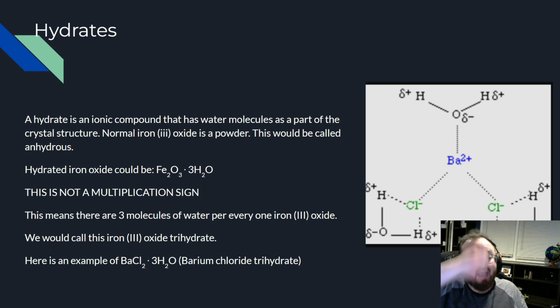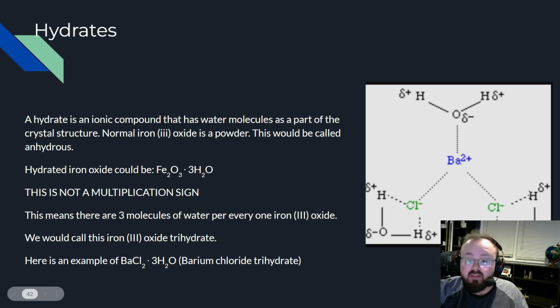And we call this a hydrate. Without the water, it's called anhydrous. The way that we design this, we use this little dot sign right here. It's not a multiplication sign. It's just the formatting that we do. And there's how many waters there are. And then we call it the name of the compound.